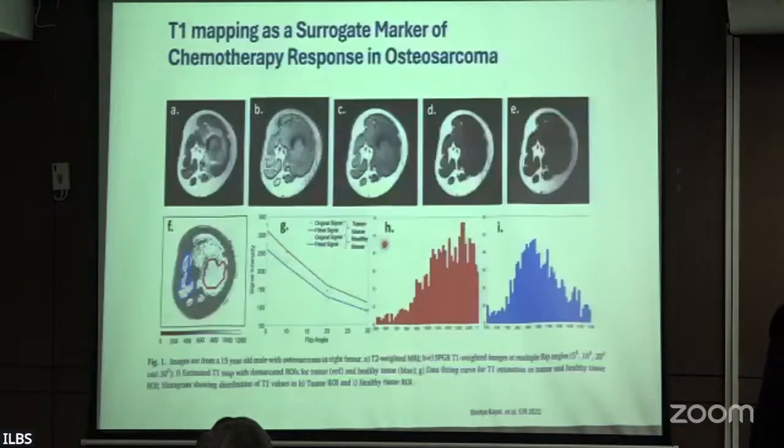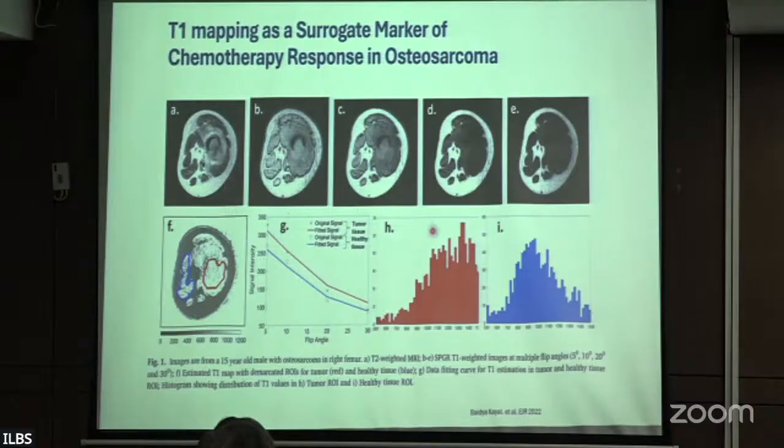Now, in this whole process, I'll share some research from my previous studies. For example, this is a T1 value, an absolute T1 value in MRI images, which is a quantitative value that differs in tissue.